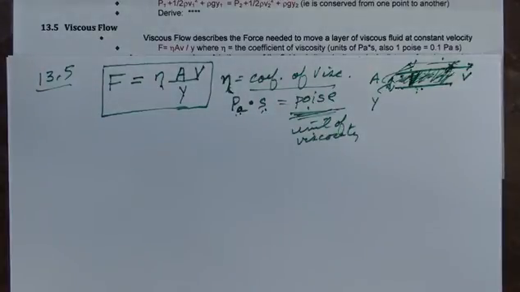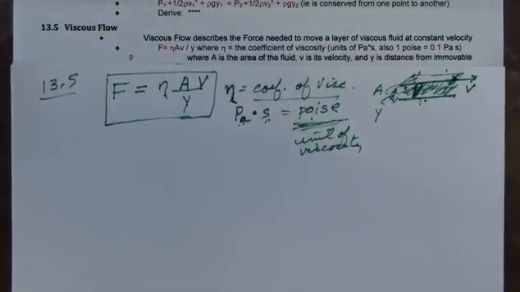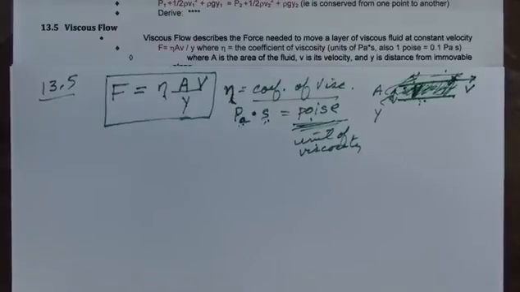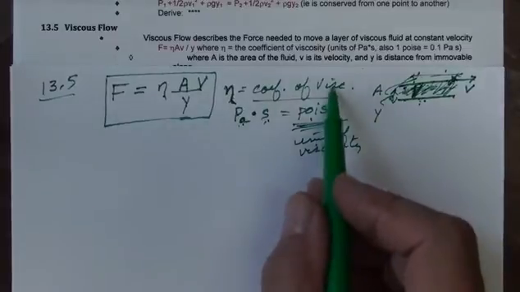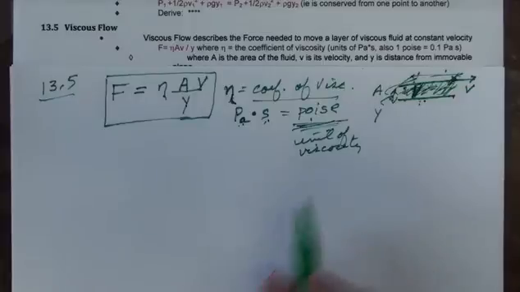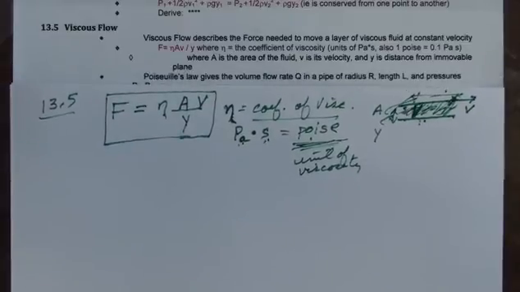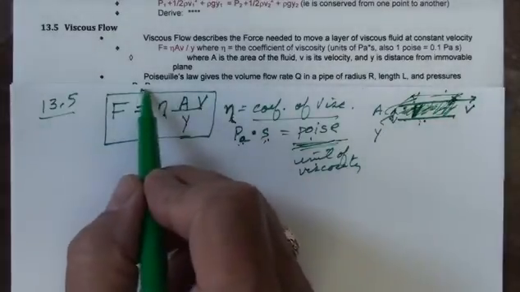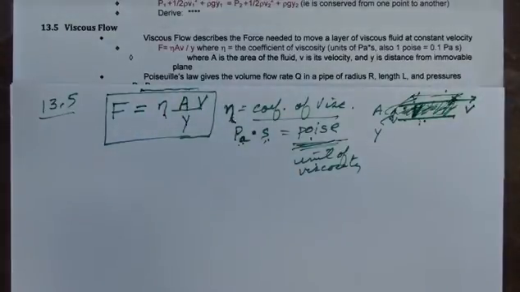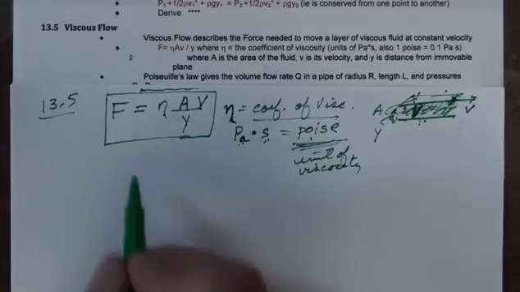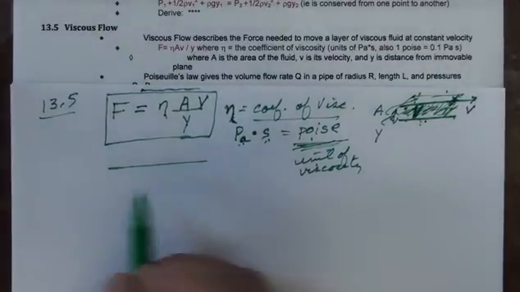Because this is the way we can define our concept of viscosity, because viscosity doesn't like for the fluid to slip over itself or over another surface, and this is how it's defined. The other law that we want to discuss, Poiseuille's law, gives the volume flow rate in a pipe.